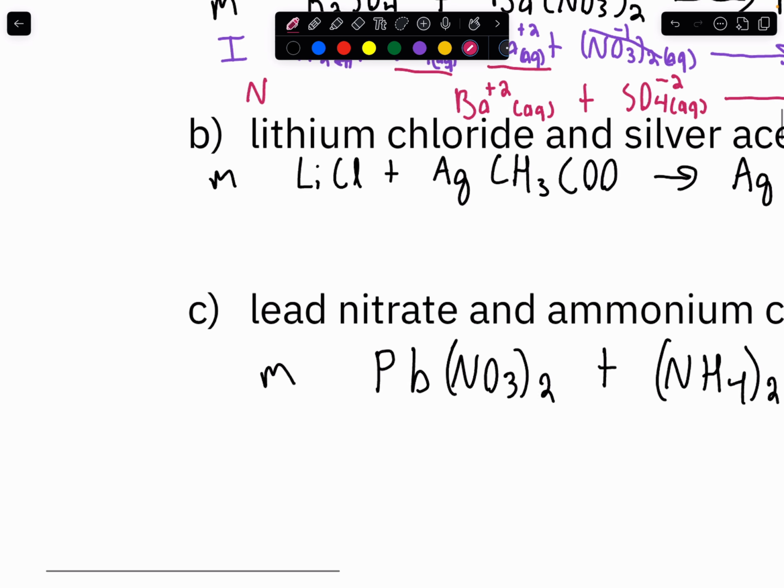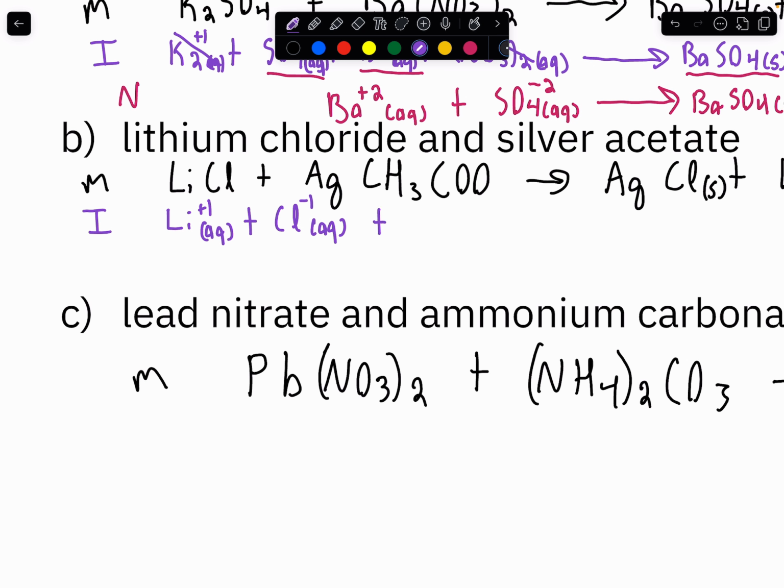We're going to have lithium. I'm going to put our I right here. We know that lithium is going to have a +1. I'm going to say it's aqueous, plus our chlorine, which is a -1, aqueous. We have silver, Ag, and I believe acetate is a -3 charge.